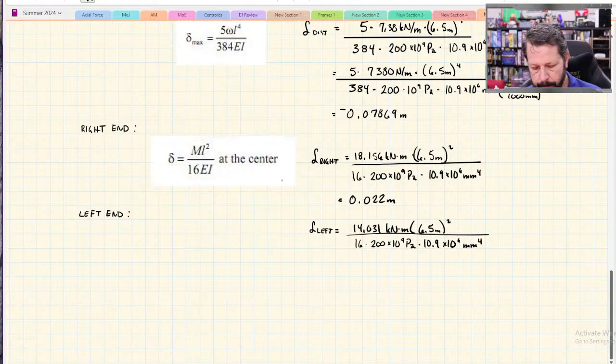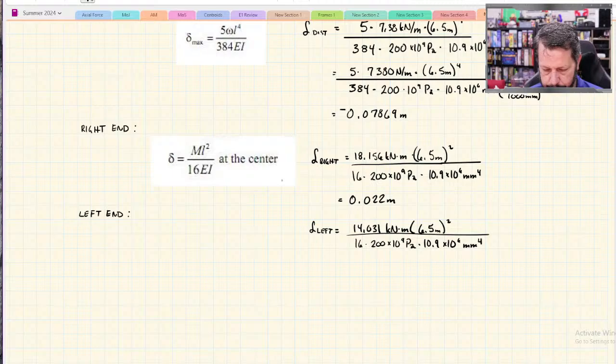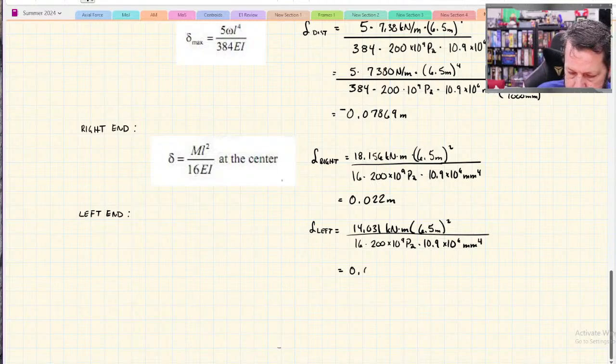Okay. Oops. There we go. And I get a slightly smaller number because the moment is a little smaller. 0.017 meters.